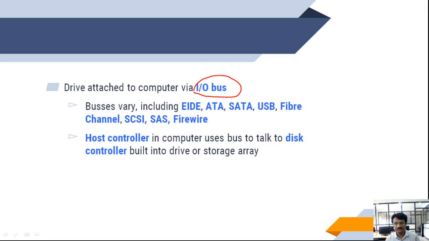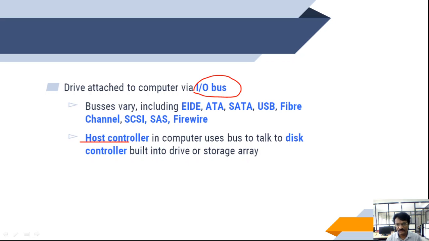The data transfers on the bus are carried out by special electronic processors called controllers. The host controller is the controller at the computer end of the bus. A disk controller is built into each disk drive. Every disk drive has a disk controller to perform disk IO operations.